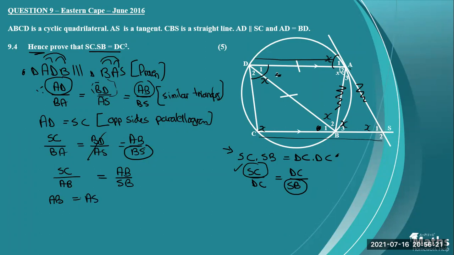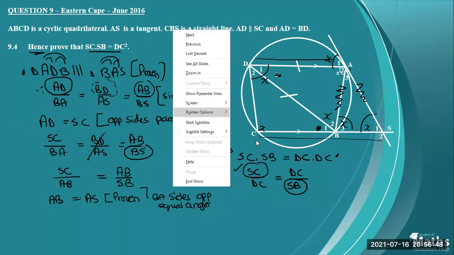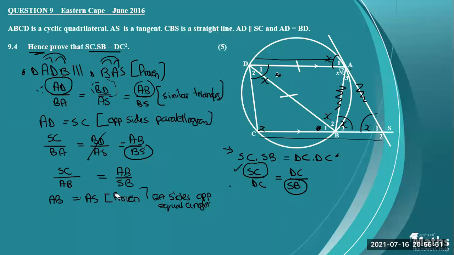That was proven because these two angles are equal, or you can just write sides opposite equal angles. Now, we haven't really proved it yet, have we? I'm going to erase that. We haven't really proved it yet. Okay, so it's sides opposite equal angles.